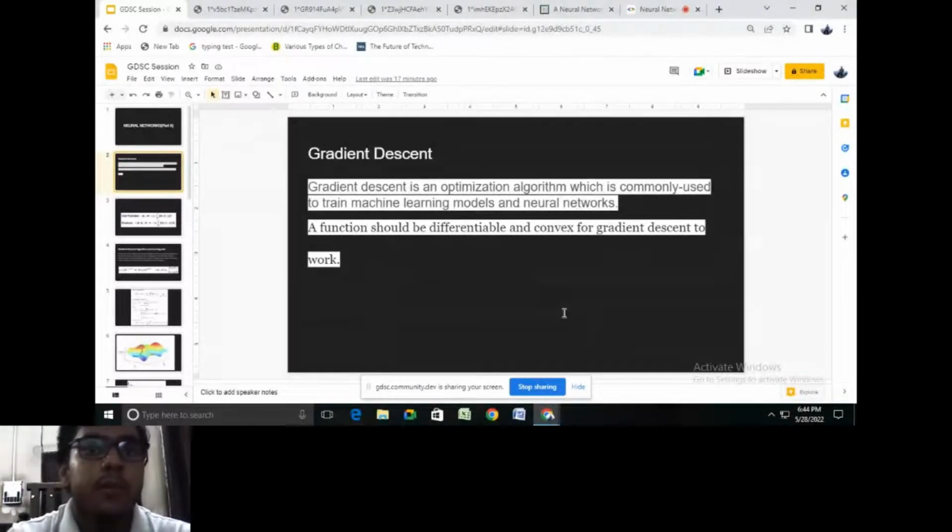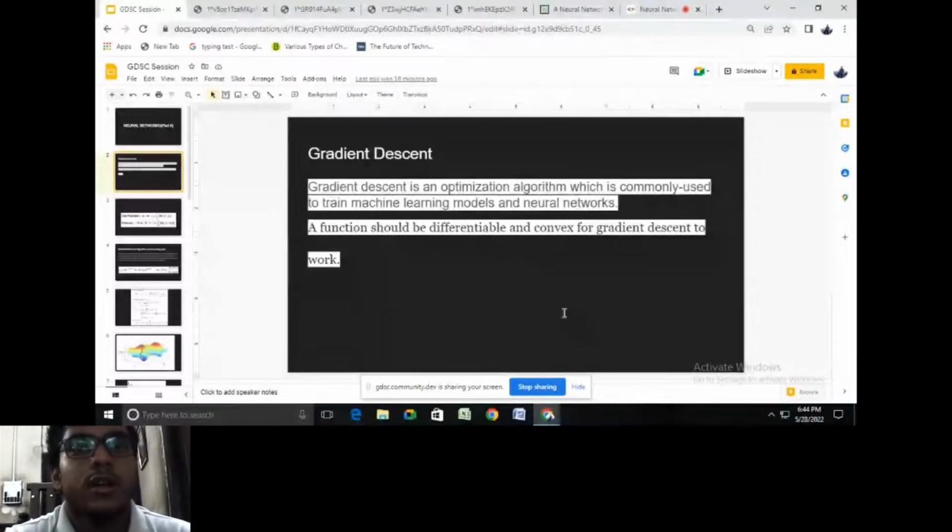Why? Because in the starting, the machine doesn't know anything about the model. It doesn't really know what to predict, what sort of inputs to expect, what sort of outputs to give. So here is where the gradient descent comes.